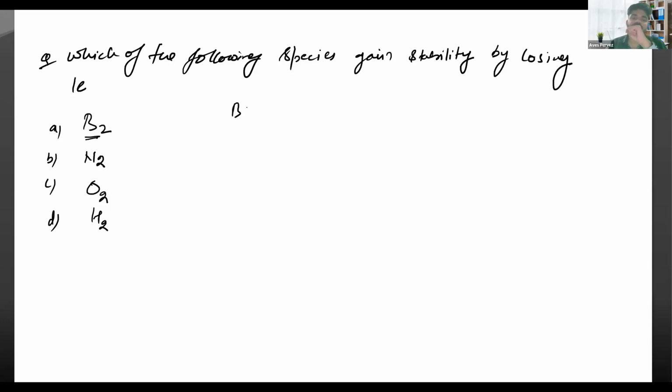If from B2 it loses one electron, it forms B2 positive, then what will the bond order be?